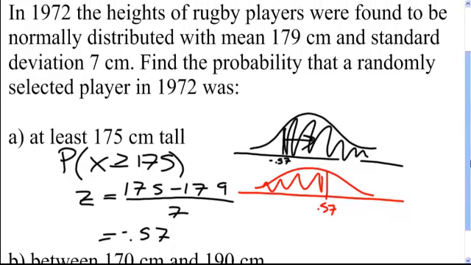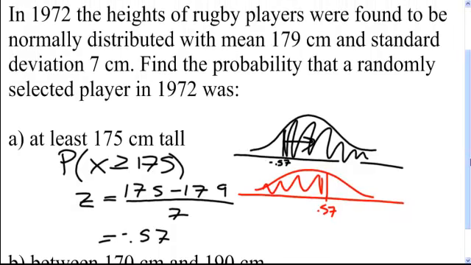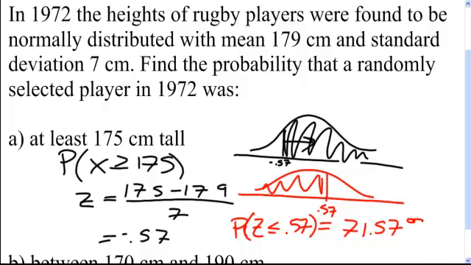So therefore, the probability that a player is at least 175 centimeters tall is, so the probability of Z being less than or equal to 0.57 is 71.57%.